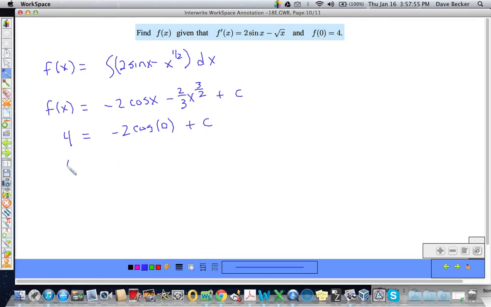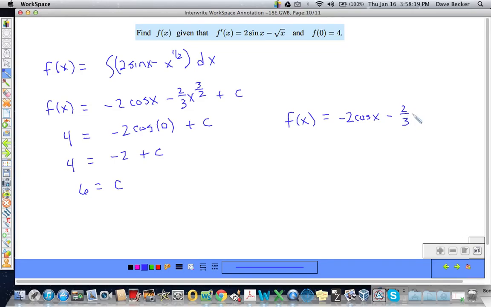Please tell me you know that the cosine of 0 is equal to 1. So negative 2 times 1 is negative 2 plus c. So I get 6 is equal to c, which means that f of x in all of its glory is equal to negative 2 cosine x minus 2/3.